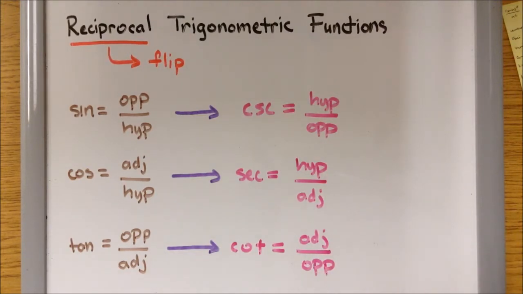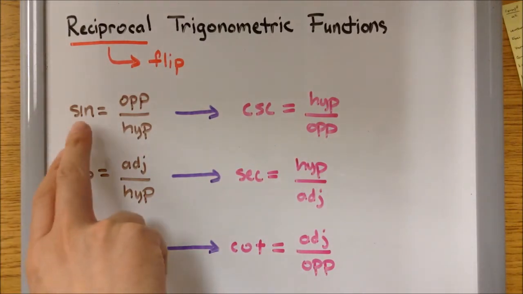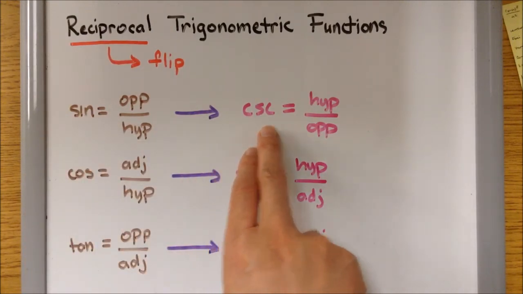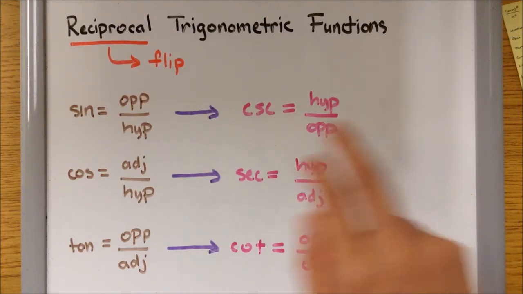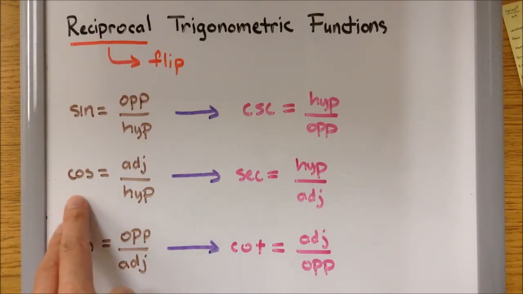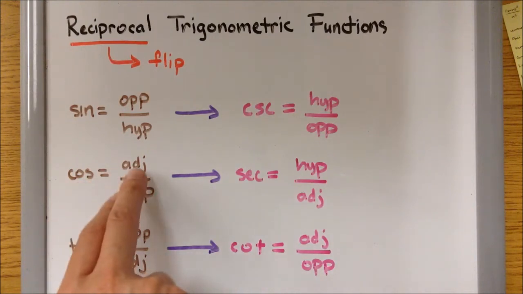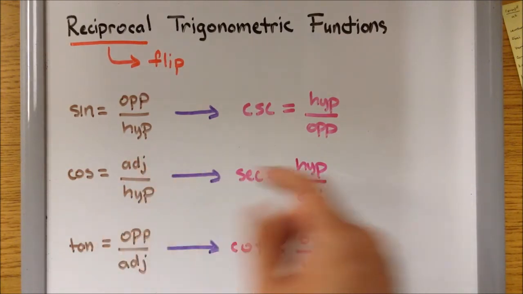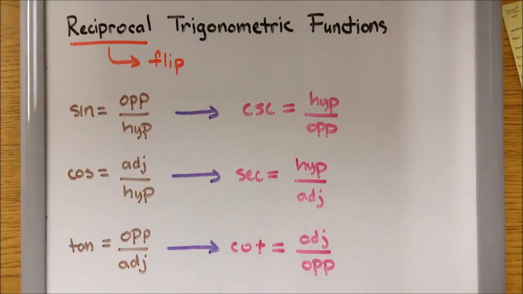So, if you remember the definition for sine, cosine, and tangent, now all you have to remember is if you're going to do the reciprocal for sine, it's called cosecant, CSC, which is hypotenuse over opposite, or flip the fraction. If you're doing the reciprocal of cosine, as long as you remember cosine is adjacent over hypotenuse, the reciprocal is secant, S-E-C, and then I'm just going to flip the fraction to get hypotenuse over adjacent.